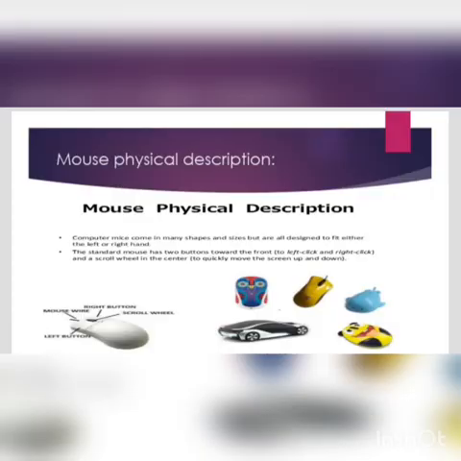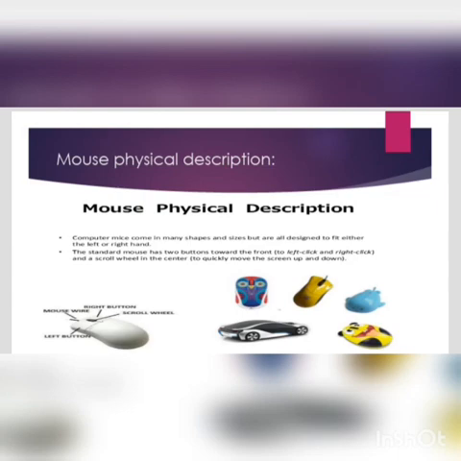So our next slide is about the mouse physical description. Let us discuss the slide. We know that there are different shapes and sizes of mice, but all mice are designed so that they fit either in the right hand or in the left hand.